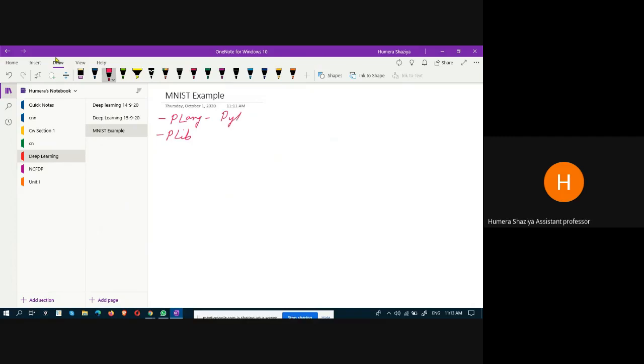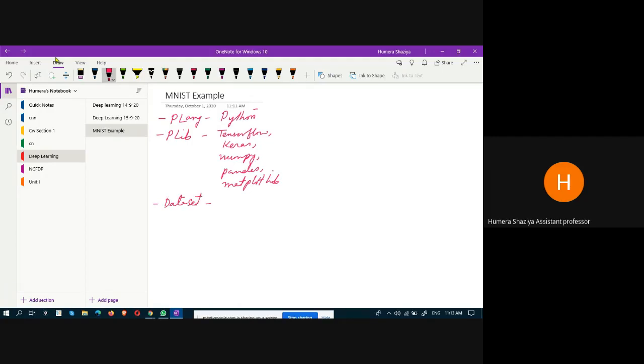Programming language is Python. Programming libraries are TensorFlow, Keras, NumPy, Pandas, Matplotlib. These are the basic ones. Then we require a data set.